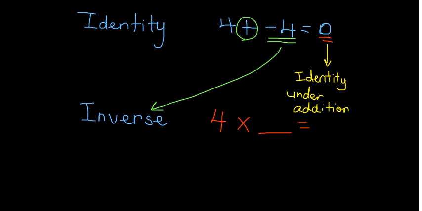It is not just that you could take any random operation and drop that in there and you're going to get the same result. 0 is the identity under addition. Hence, if I add the inverse under addition to a number, I should get the identity under addition.